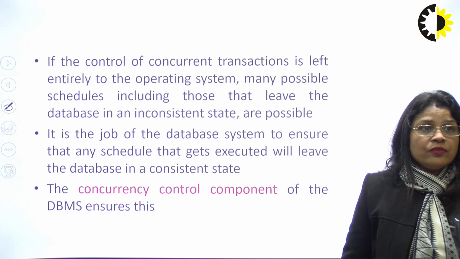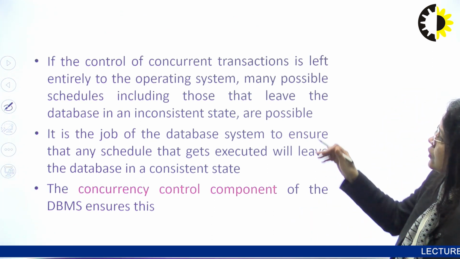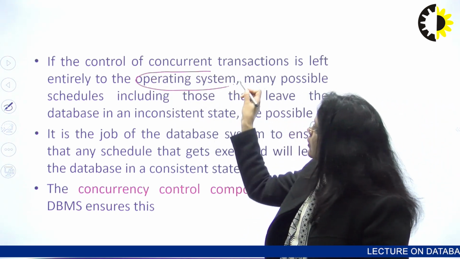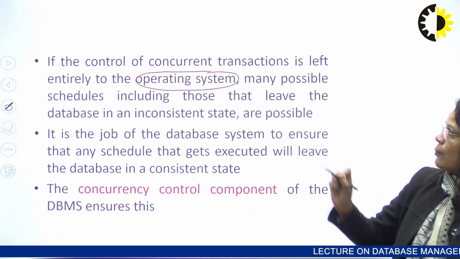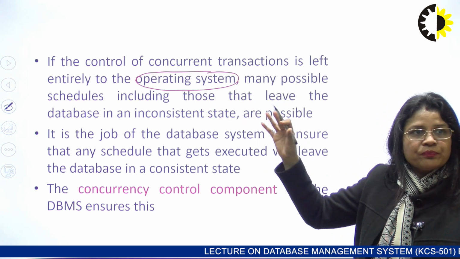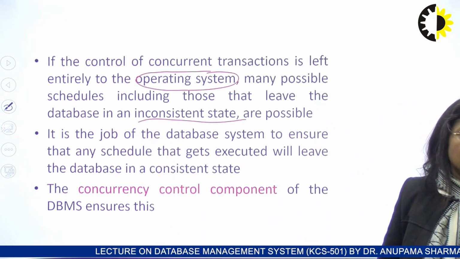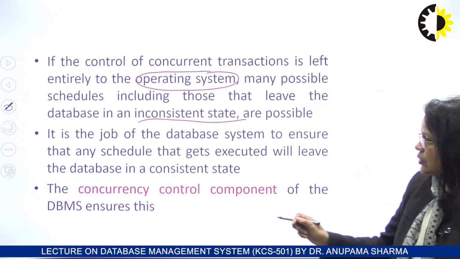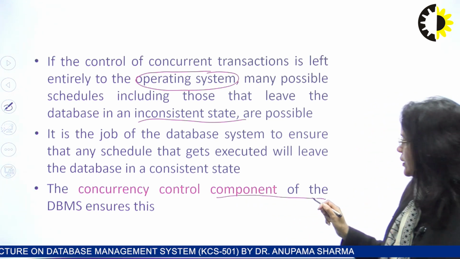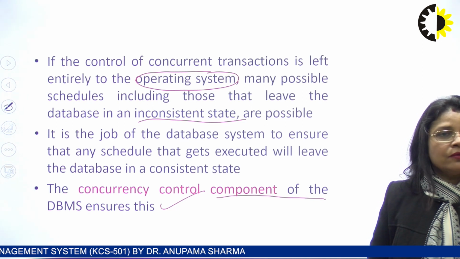But if the control of the concurrent transactions is left entirely to the operating system, as it is the responsibility of the programmer, we can get an inconsistent state that may create a problem, right? So the concurrency control component of the database should ensure that concurrency, right?